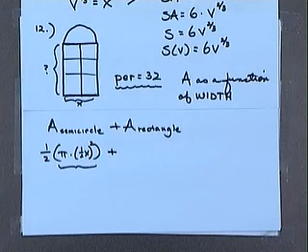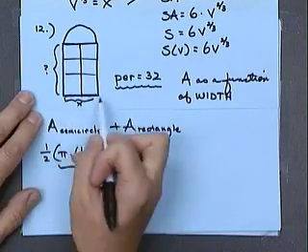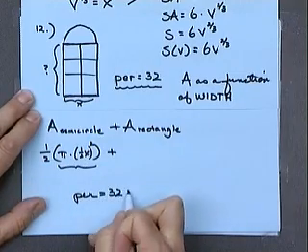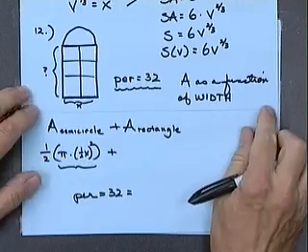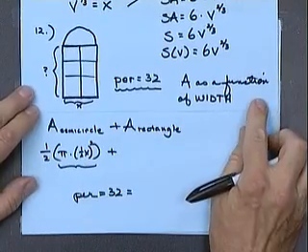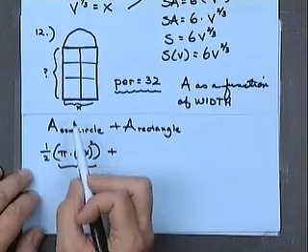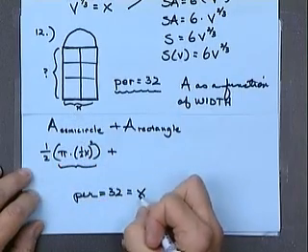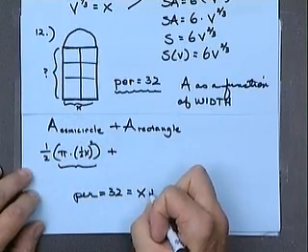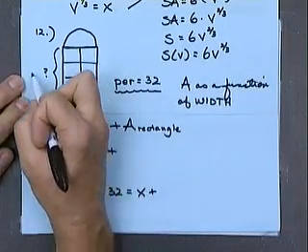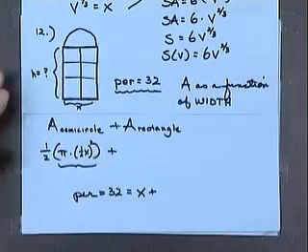So the perimeter is 32. So across the bottom, let's go ahead and build a little equation for the perimeter. So it's x across the bottom, plus, let's call this height h.